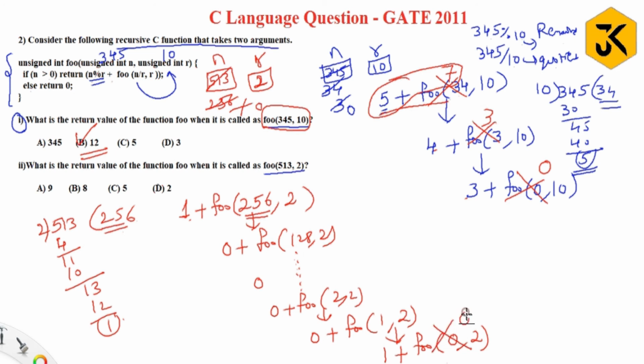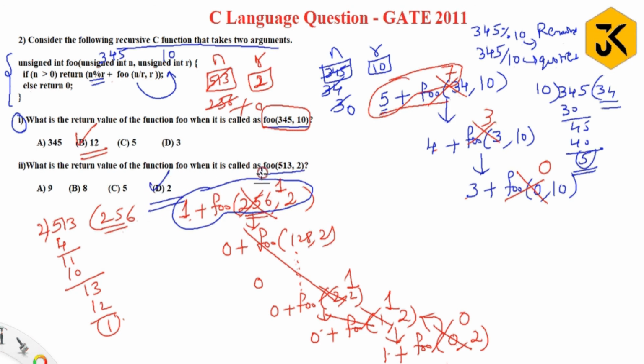So here you will get 0. 1 plus 0, 1 will be returned to here. So here you will get 1. 1 plus 0, 1, and so on. So this entire thing, you will get 1 only. So finally 1 plus 1, 2. The sum of these two, 1 and 1, is 2. So option D is the correct answer. So foo(513, 2) will return the value 2.